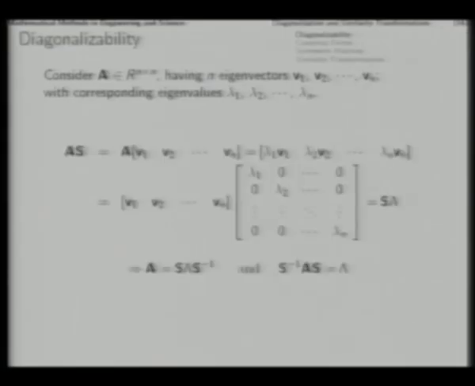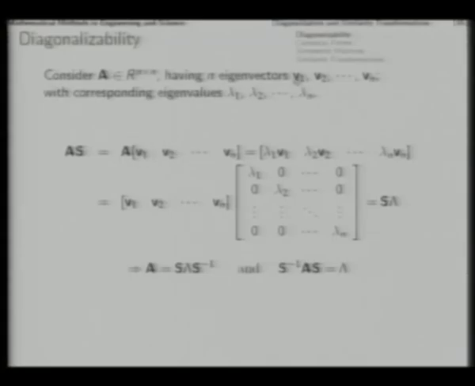If we pack all these n eigenvectors into one n by n matrix with these vectors as columns, then we have this n by n matrix here, which we are denoting by S. And then we examine the product AS. Now, what will be the first column of this product? A into the first column of this matrix S, that is A V1.